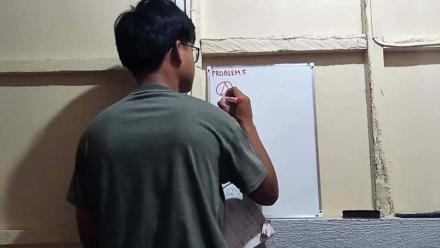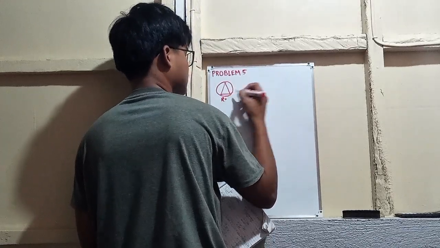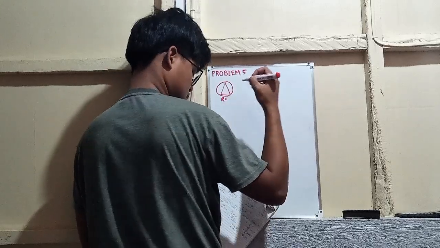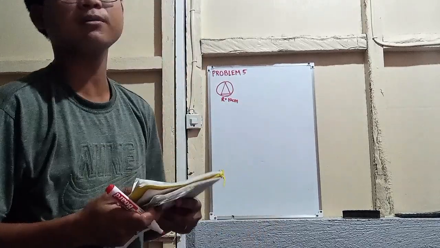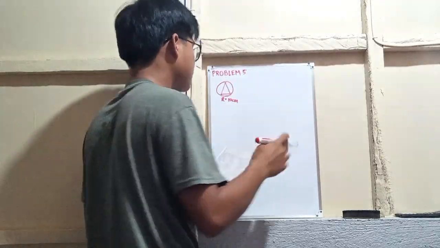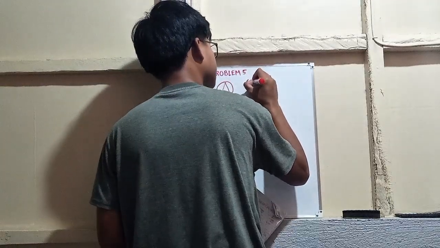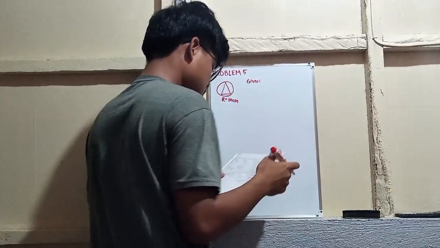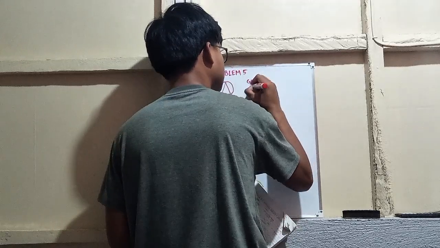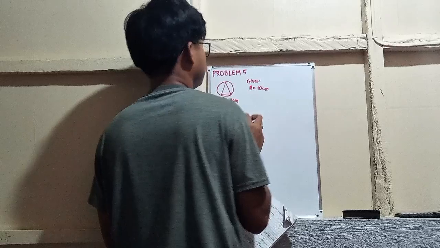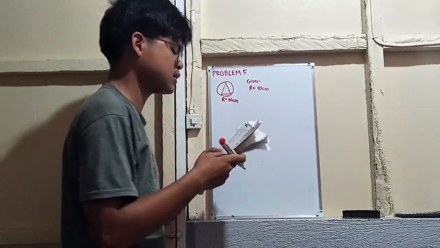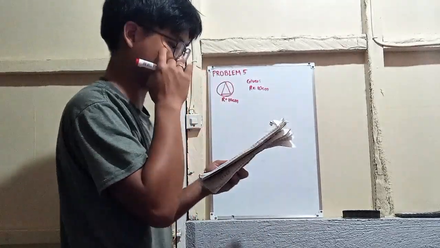Then our circumradius is equal to 10 centimeters. So first we will determine the given. The given in this problem is the circumradius, which is 10 centimeters, and the equilateral triangle circumscribed by the circle.